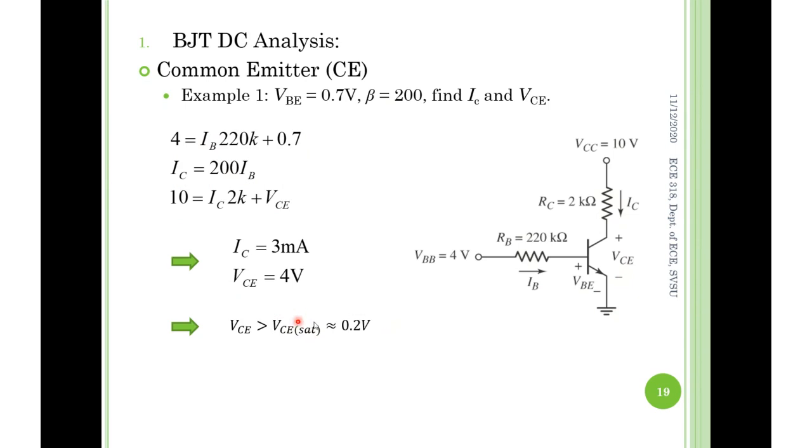We can feel free to assume it to be 0.2 volt. So VCE is obviously 4, way bigger than 0.2, so it is active. Done. Any questions?